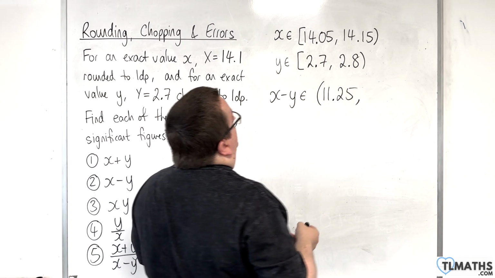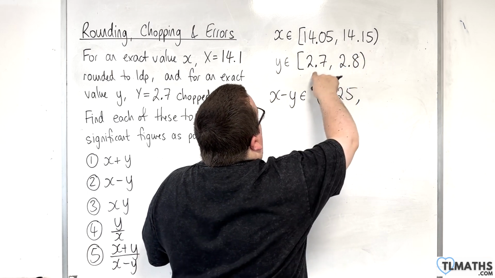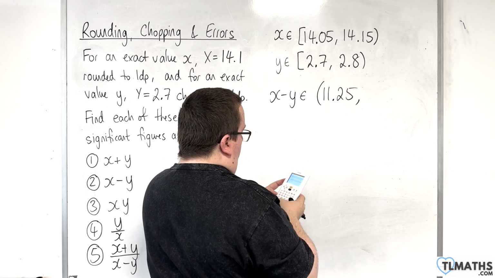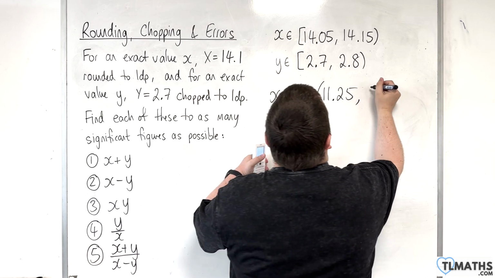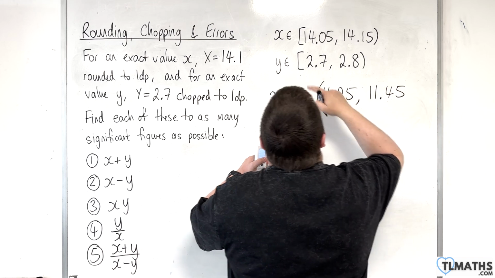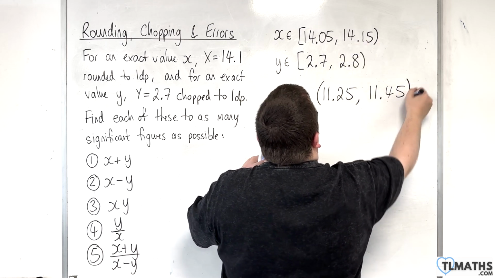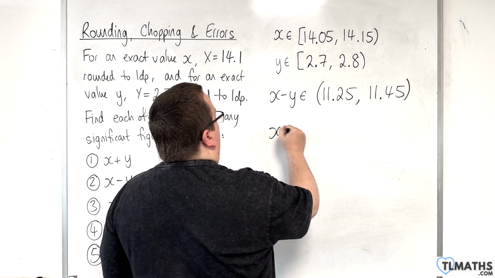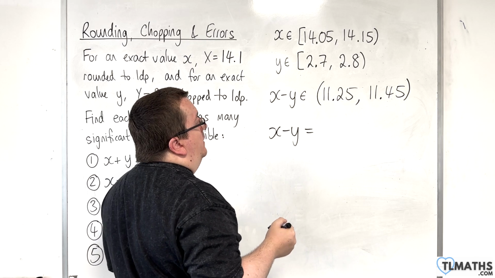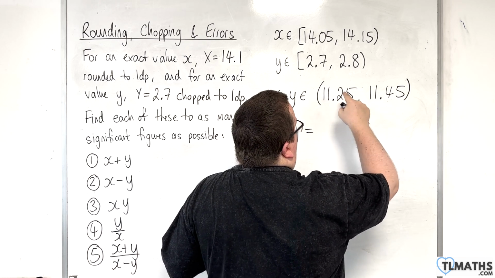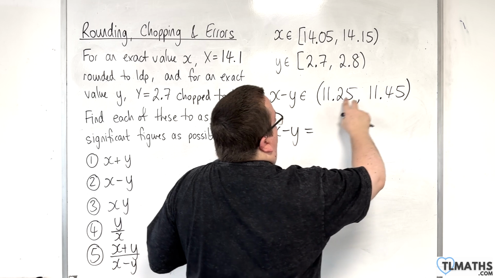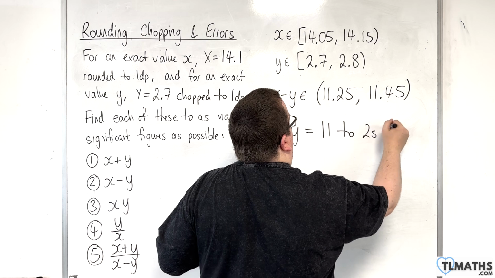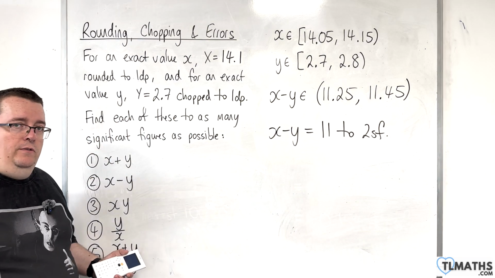And the largest value would be the largest value of x take away the smallest value of y. 14.15 take away 2.7, and so that's 11.45. And because we're using 14.15, we can't reach that value. Okay. So what's the best we can do here? Well, to three significant figures, we've got 11.3, 11.5, so that's no good. Two significant figures will have 11 and 11. So 11 to two significant figures is the best we can do for number two.